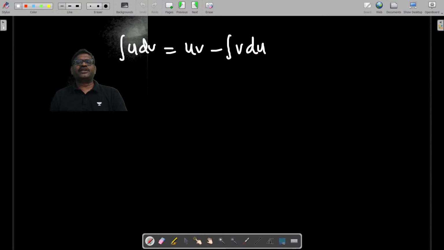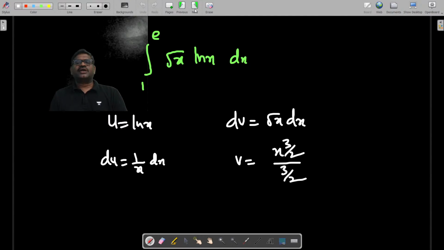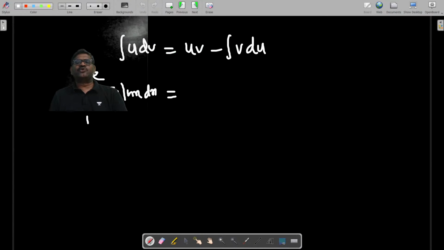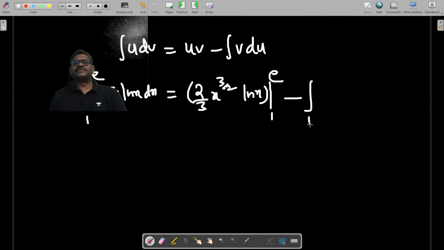The integral of root x into ln x dx is equal to uv, which is 2 by 3 into x power 3 by 2 log x from 1 to e, minus the integral from 1 to e of v du.